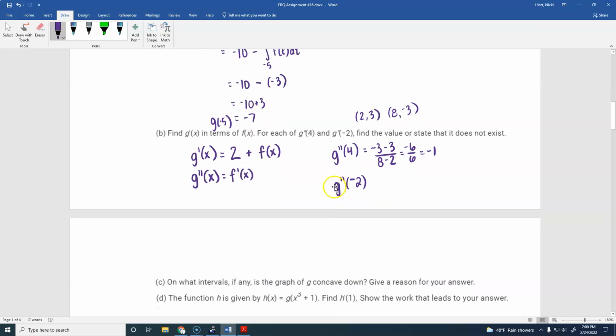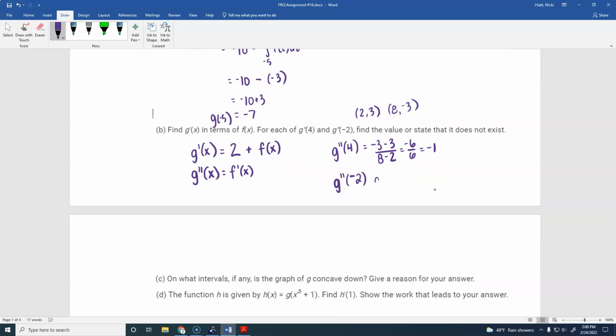All right, so this does not exist, because, and make sure here you say f of x has a cusp at x equals -2. Or you can say sharp turn in the graph.